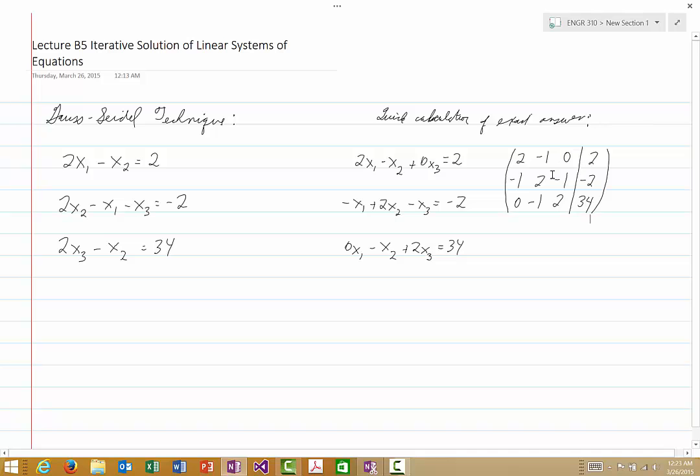And notice that for this matrix over here, on the left part of the augmented matrix, you can see what we mean by diagonally dominant. You see that the diagonal terms are the largest terms in the matrix. Now this matrix is not one we would typically think of as being very sparse because there's only 2 zeros, but you do see a little bit of the idea.